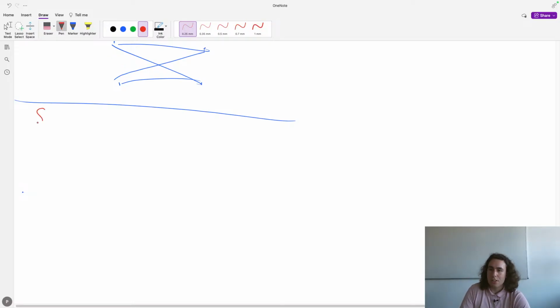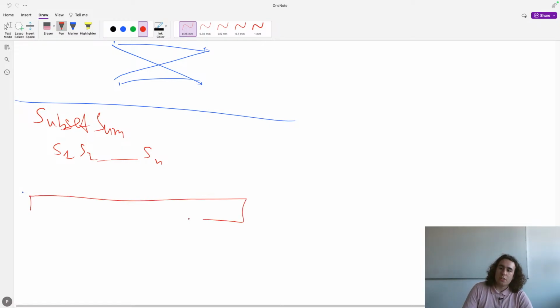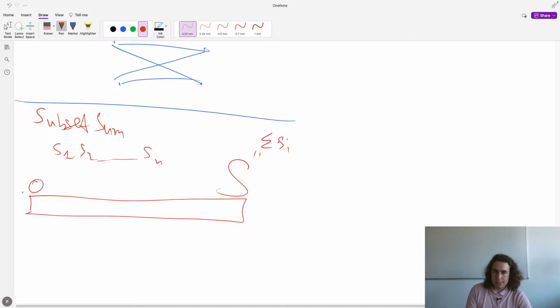So the first one is called subset sum. Basically, you have a bunch of elements, S1, S2, and so on, Sn. And you're trying to solve knapsack, but knapsack without costs. So basically, you want to know for every value from 0 to s, where s is the sum of these si's, whether it's possible to get it as a sum of some subset of these values.